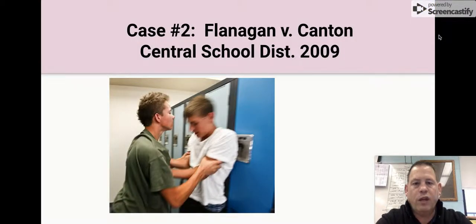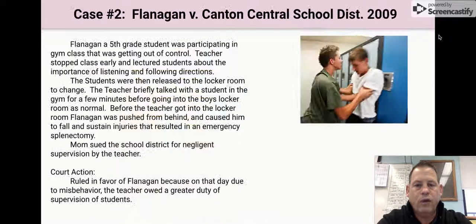Next case was Flanagan versus Canton Central School District, 2009. Flanagan was a fifth grade student participating in gym class. And in this gym class, the students were getting rowdy. The teacher stopped the class, lectured them about following directions and listening, and then sent them to the locker room to change before the teacher could get into the locker room because he stayed back to visit with another student in the gym for a little bit.